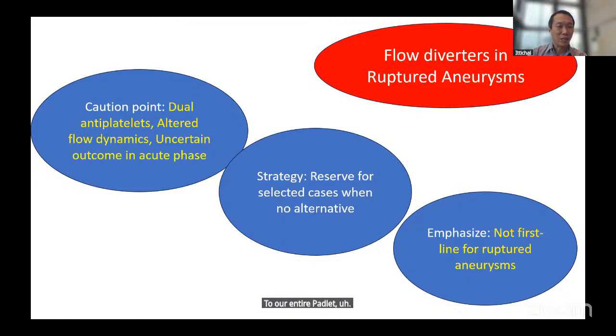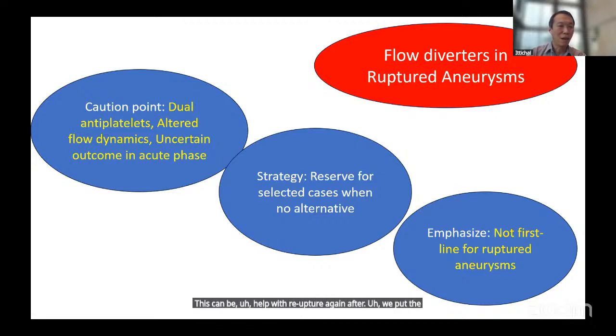This is not good for some elderly patients or patients with clinical worsening, because we have concerns in many ways, and also flow diverters can change the flow dynamics of the aneurysm. Re-rupture can happen again after we place the flow diverter.